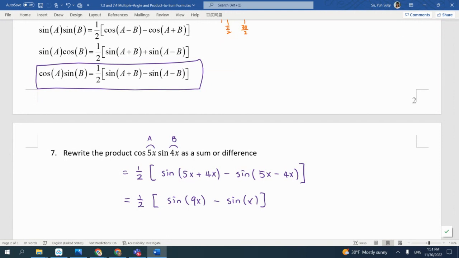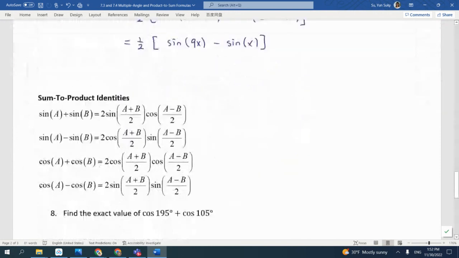Very simple, right? Just pick the correct formula, identify your A and B, plug in, simplify, and then you get the answer. Okay, so now you're able to do sine 5x, sine 4x. You're also able to do cosine 5x times cosine 4x, right? You just use different formulas. Okay.